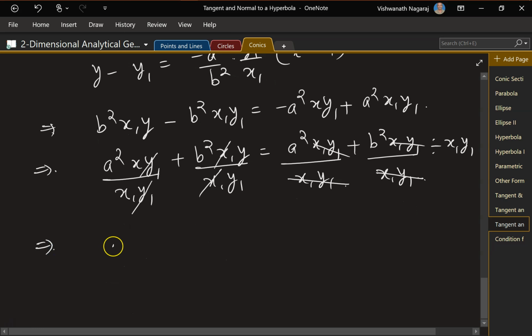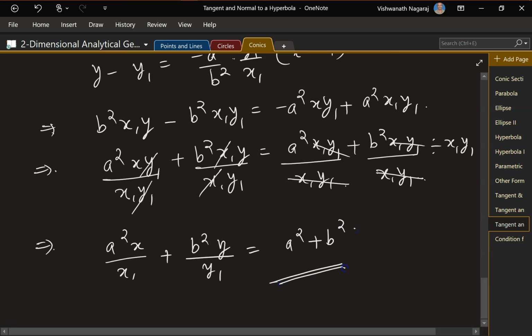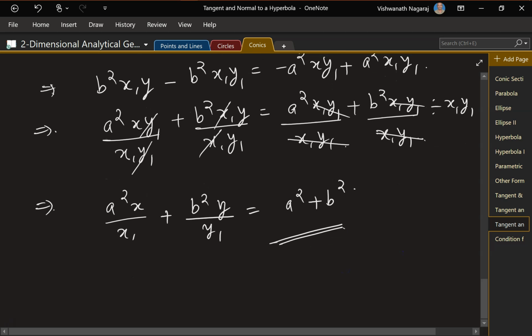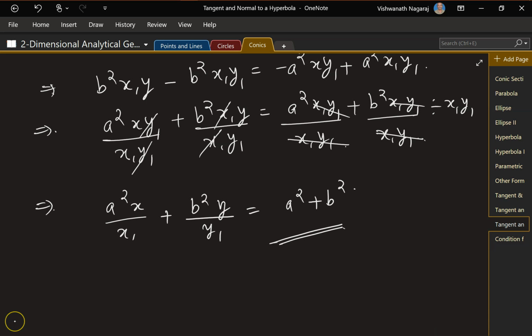Okay, now this looks like a squared x by x1 plus b squared y by y1 is equal to a squared plus b squared. So this is the equation of the normal to the hyperbola.